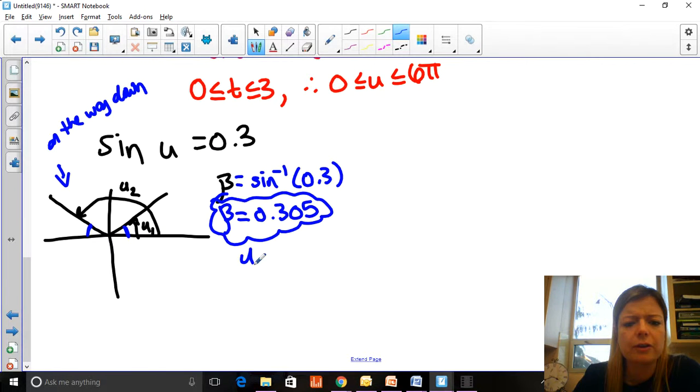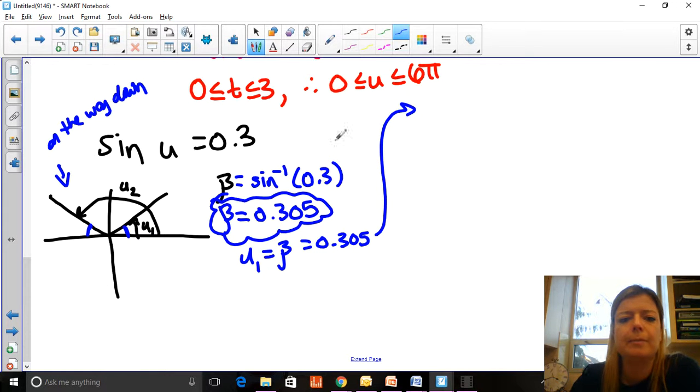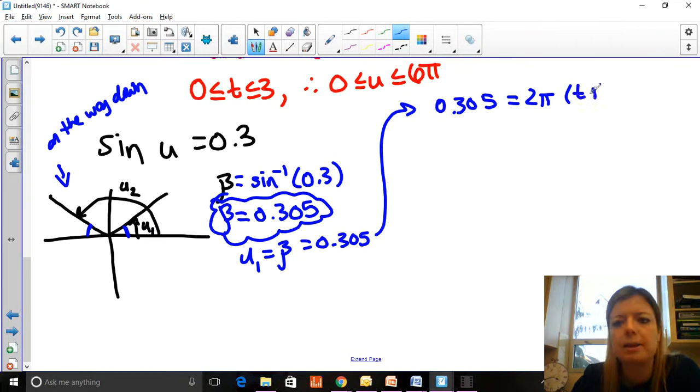So our first u value is just equal to beta, 0.305. To get that back to t, we set it equal to 2π(t + 0.75) and solve for t. So divide by 2π and then subtract 0.75.